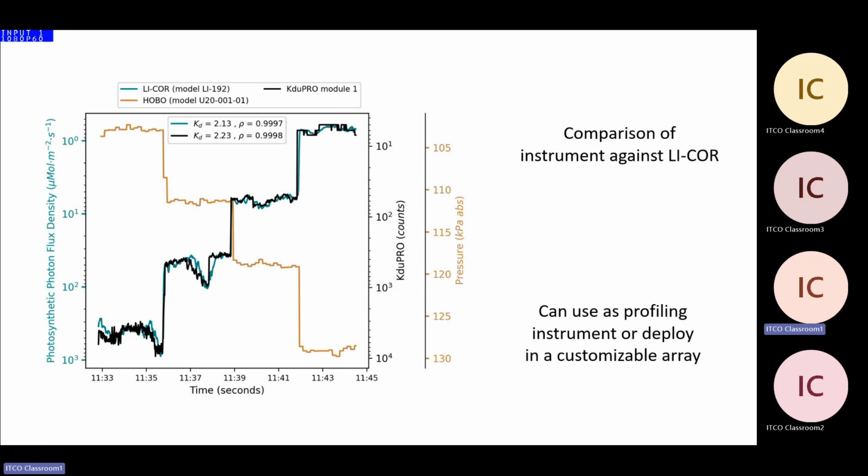It's comparing the KDU Pro, the homegrown sensor, to a LI-COR, which is a commercial sensor. And they track incredibly well. So this is something that can be cross-calibrated against other instruments and used, like Mike says, as a profiling instrument. Really amazing for like €100. And if you want, let's say, 4 of these on a string, now you've got €400 plus the cost of string.